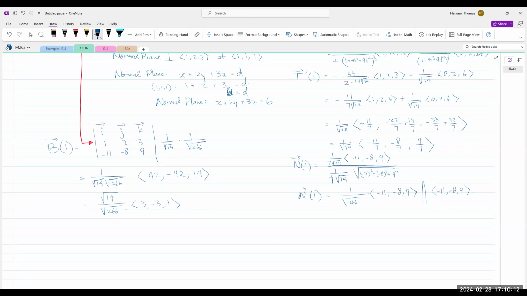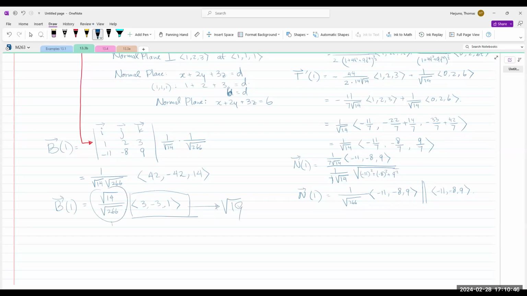Okay, so that's 9, 18, 19. Is 14 times 19 equal to 266? Yeah. Okay, because the unit normal vector is unit, right? So because the length has to be unit, the length here is square root of 19.